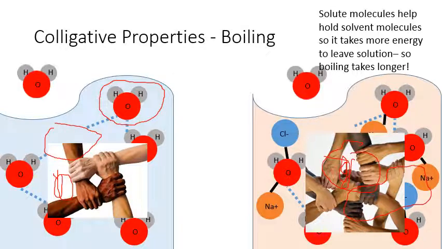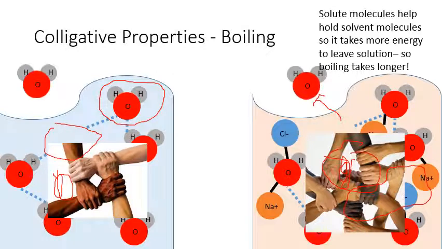Because this group over on the right side has all those extra bonds, all those extra ions, all those extra molecules holding on, the more molecules you can add, the more chlorines, the more sodiums, the more magnesiums, the more sugars, the more things there are to hang on to the water molecules and prevent them from breaking away and going into solution.